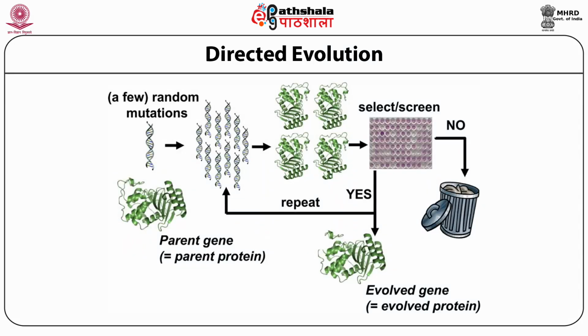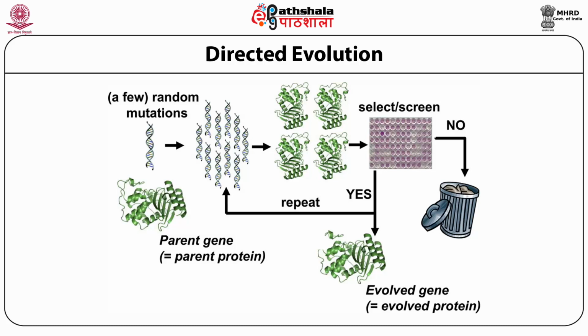Directed evolution is the first method to design proteins. It mimics natural selection. That means scientists take inspiration from nature on how to design proteins. So in this method, first we take a gene which codes a parent protein.